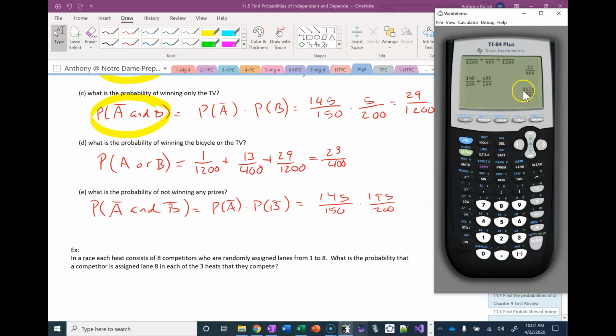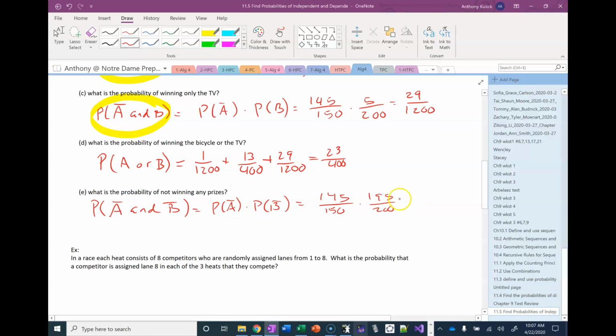And that gives me 1,131 over 1,600. Okay.